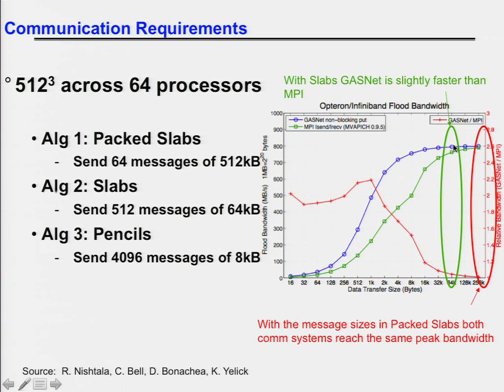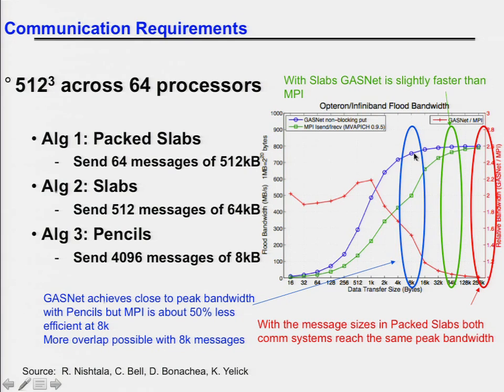So let me look here. And again, I don't see a whole big difference. It'll be slightly better if I use GASNet and get that overlap. But now if I look here, GASNet is almost giving me the peak speed, and it's going to be going a whole lot faster than MPI. So with this size problem, I kind of expect to have the most opportunity for overlap by sending lots of small messages. Okay.